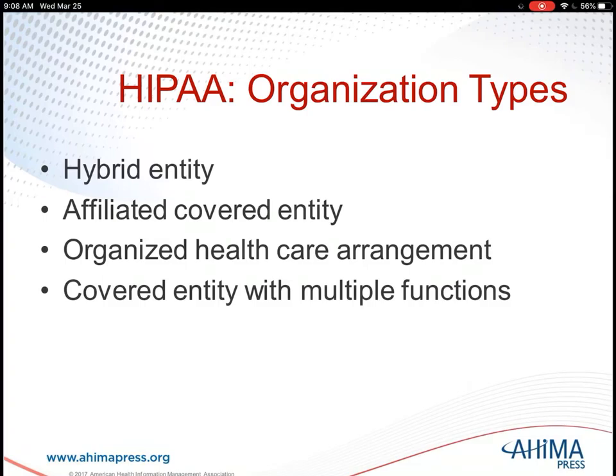Actually, four. So first, let's talk about a hybrid entity. A hybrid entity performs both covered and non-covered functions of the privacy rule. Let's think about that for a second. So what was our exception?